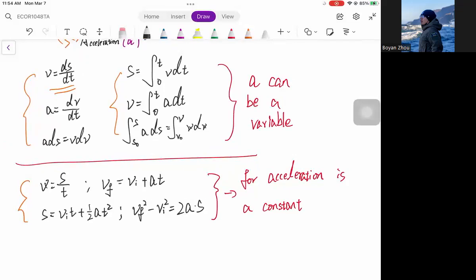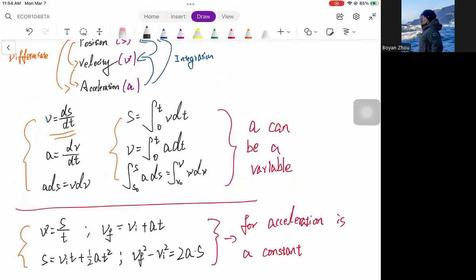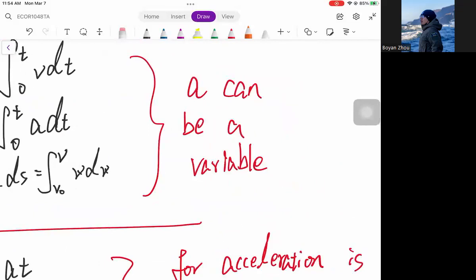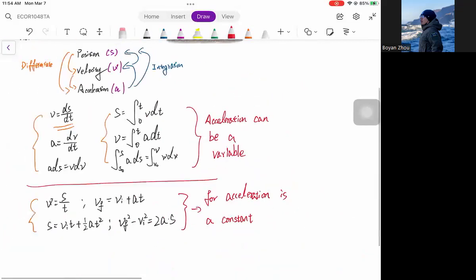But if the acceleration is not a constant, we're gonna use the new equations, the derivative or the integration, to solve the question. So I'm gonna finish this one: acceleration can be a variable.